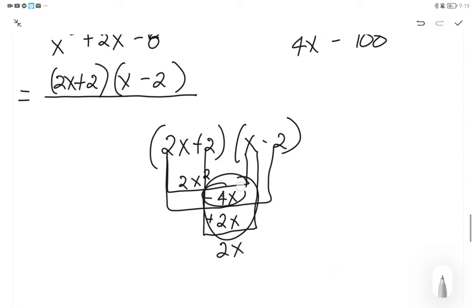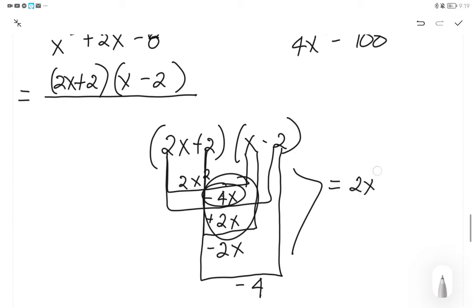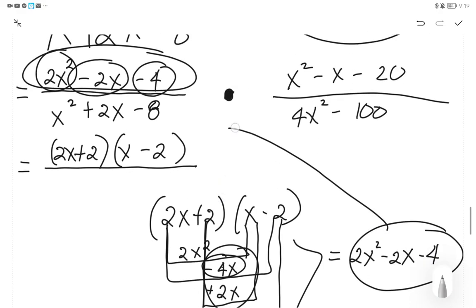Kung unsay sign sa dako nga number mo ay sundon, that becomes negative 2x. The last term, say positive 2 and negative 2, i-multiply, that becomes negative 4. So our answer here, this is equal to 2x squared minus 2x minus 4, which is the same sa atong numerator. Kana siya. Okay, so our factor is correct.